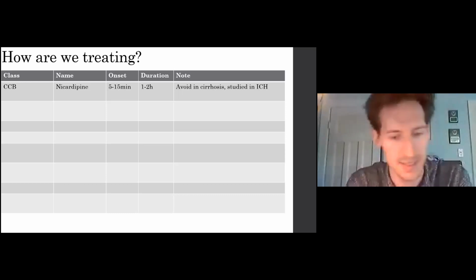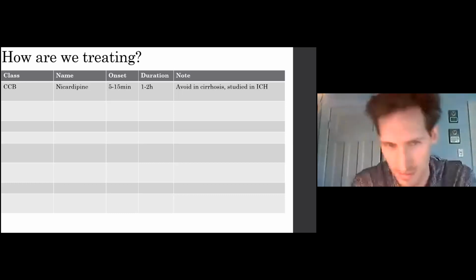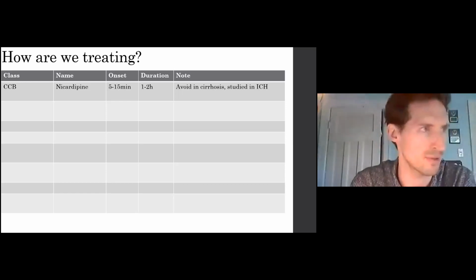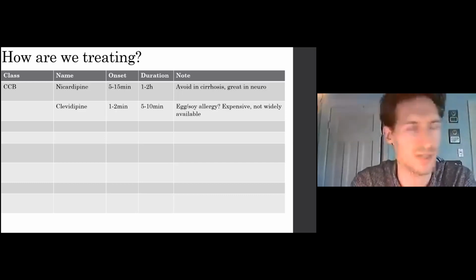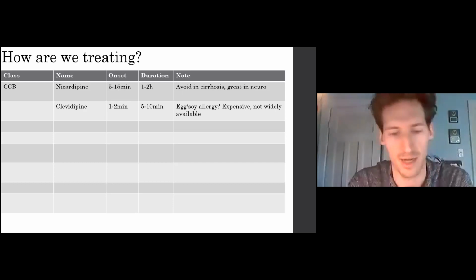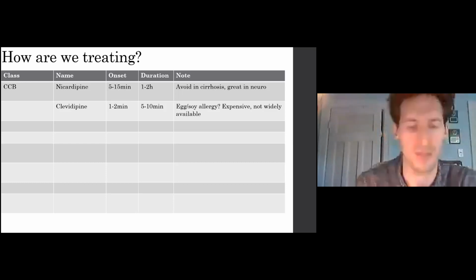So it's a quasi titratable agent. Liver metabolism, so avoiding cirrhosis, and particularly used in neuro patients. Clevidipine is basically a shorter acting nicardipine, and it's fantastic. I know that it's not really widely available.